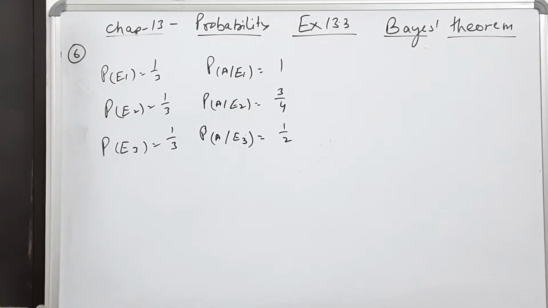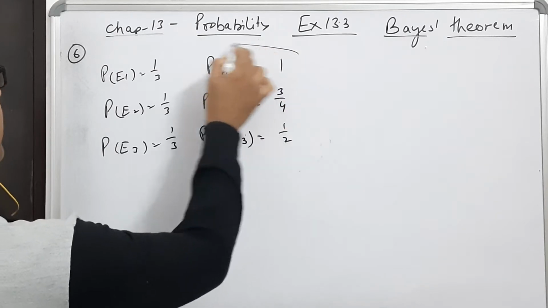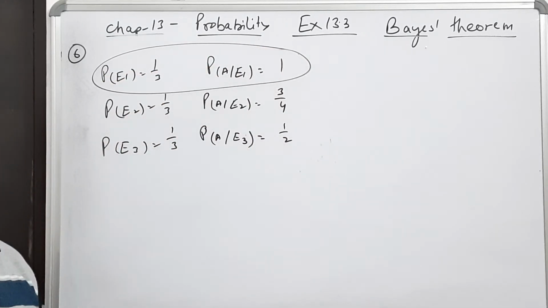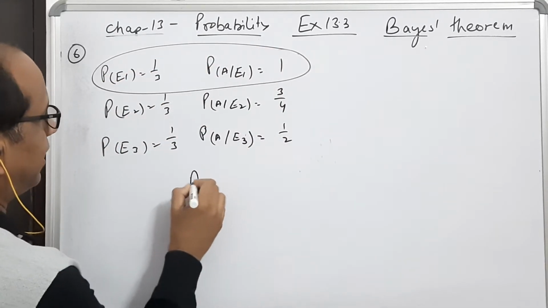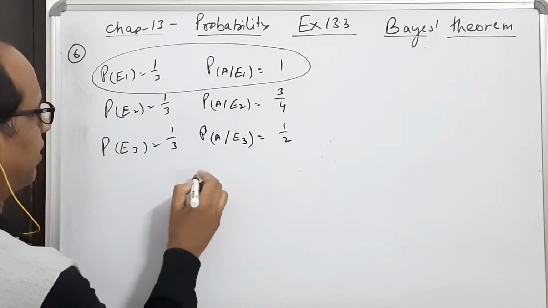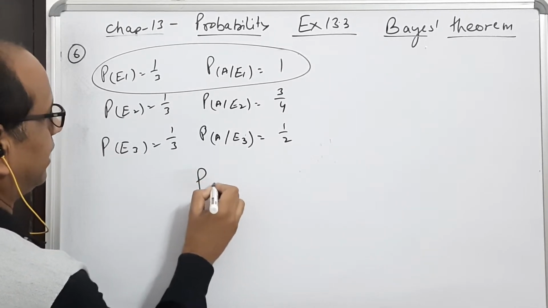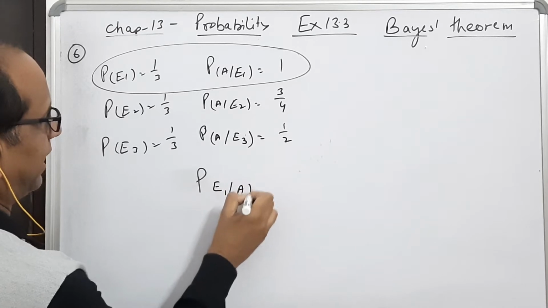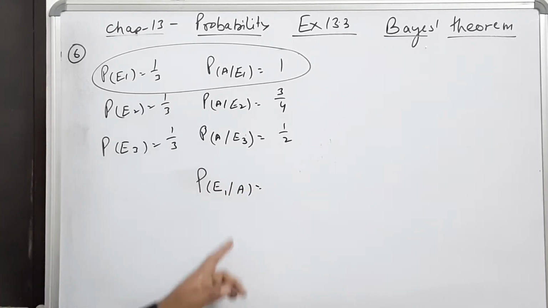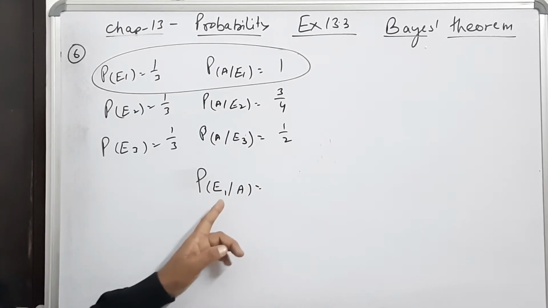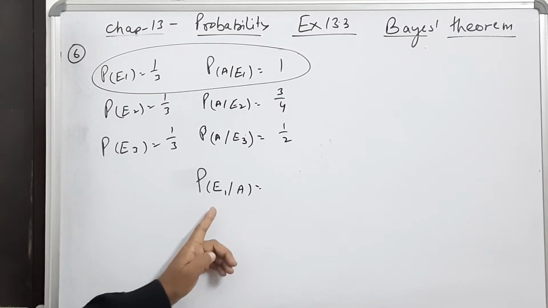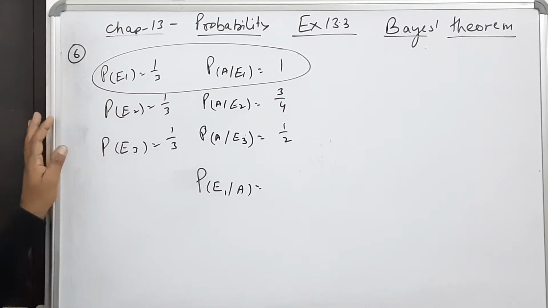Yes, it shows head. Now what is the probability that it was a two-headed coin? This part we have to take at the top. So what we have to find? P(E1|A). That is, we have already got the head, and we have to find out that the first coin was selected.